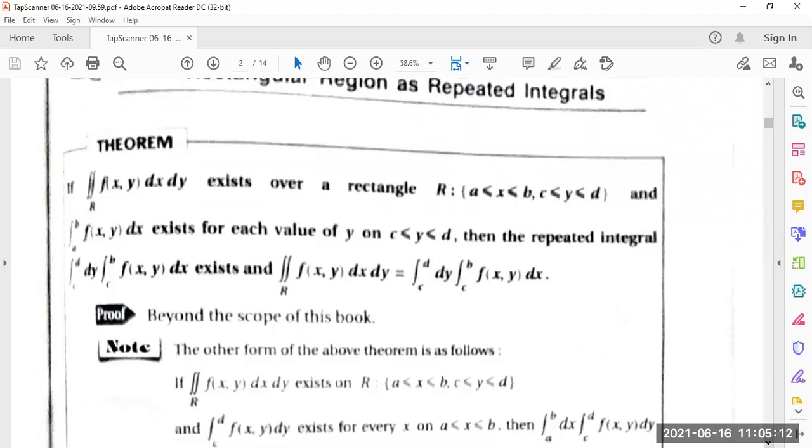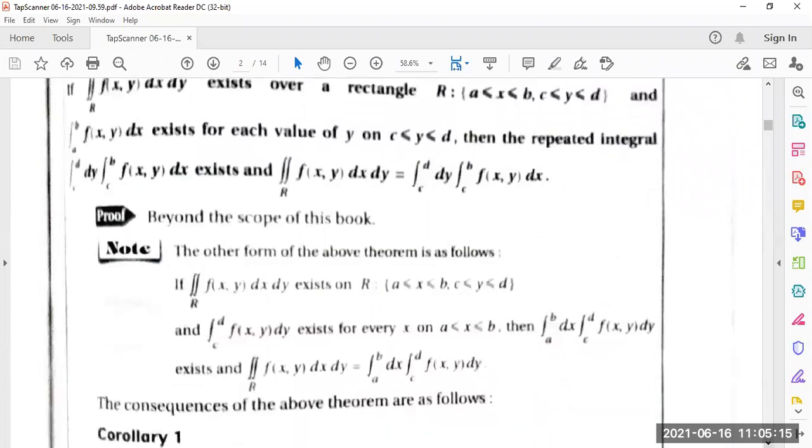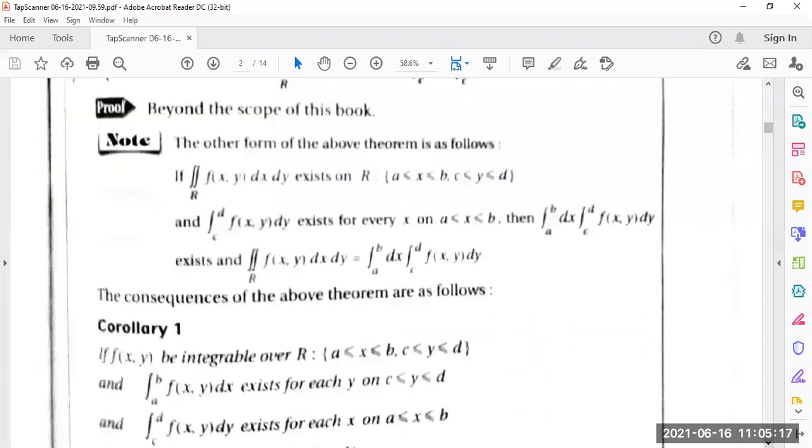So here, we don't want to prove this. Some notes are given. Another form of the above theorem is as follows: if the double integration over R of f of x,y dx dy exists, where R is a rectangle, x lies between a and b, y lies between c and d, and the integration from c to d of f of x,y dy exists for every x on a to b, then the integral from a to b dx of the integral from c to d of f of x,y dy exists, and the double integral over R is equal to it.